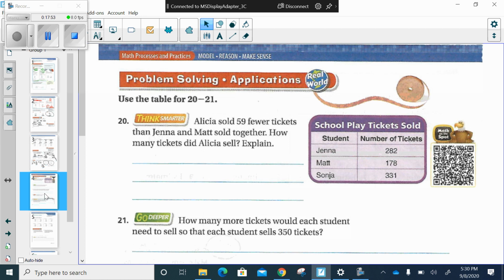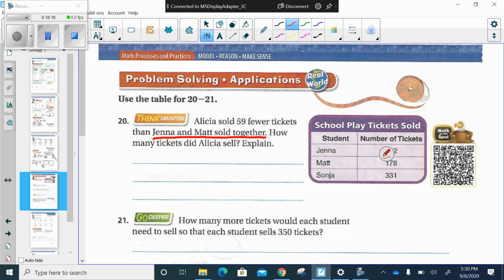Alicia sold 59 fewer tickets than Jenna and Matt sold together. How many tickets did Alicia sell? That was just like the stamps problem. You have to figure out how many Jenna and Matt sold together first before you can take away what Alicia sold.